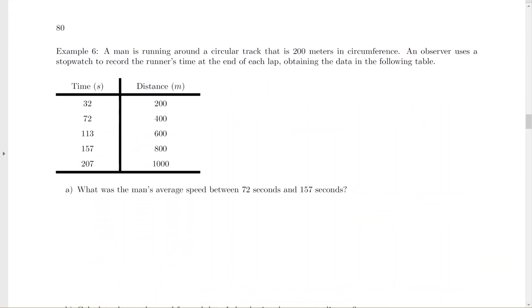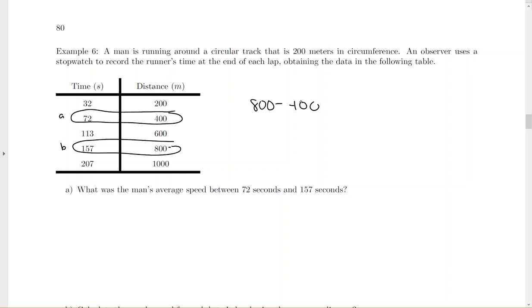So on the next page, again, find the average rate of change, find the average speed. Same thing. What's the man's average speed between 72 seconds and 157 seconds? So again, f of b, which is the 800, minus f of a, which is the 400, divided by 157 minus 72.